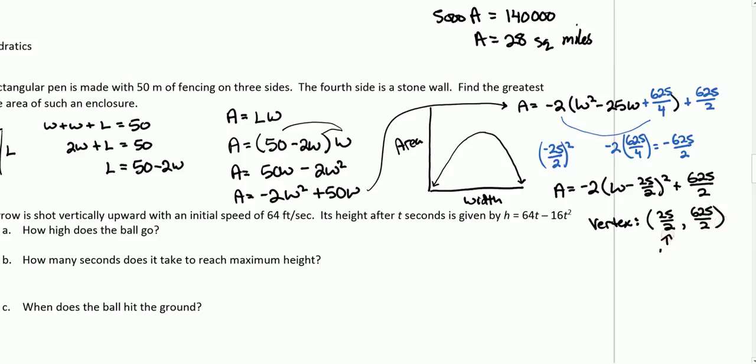The first number stands for our width, the second number stands for our maximum area given that width. So it said find the greatest area, 625 over 2, which we can write as a decimal, 312.5 square meters.